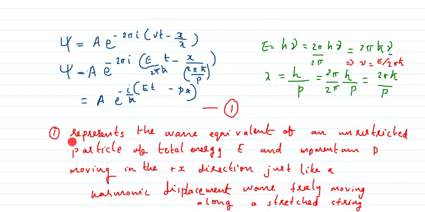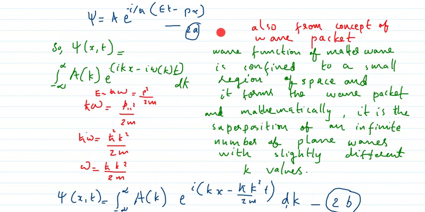We can say that equation 1 represents a wave equivalent of an unrestricted particle of total energy E and momentum p, which is moving in the positive x direction, just like the harmonic displacement wave freely moving along a stretched string that we were talking about in the beginning.